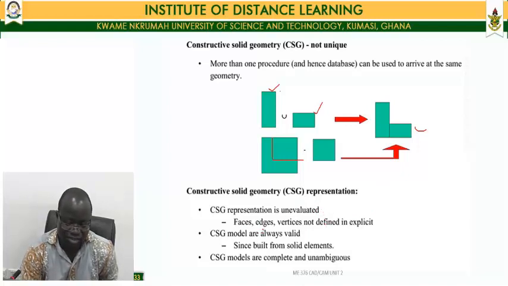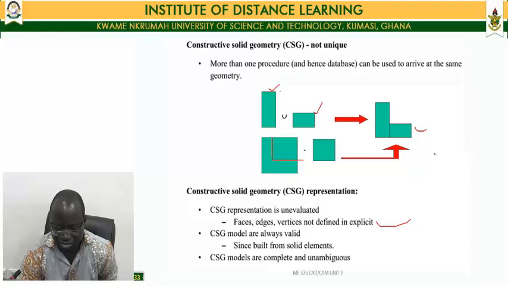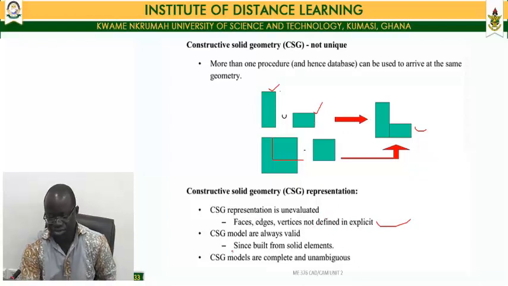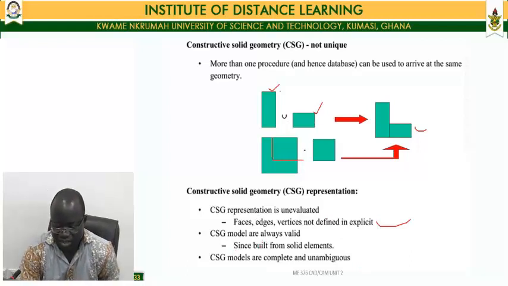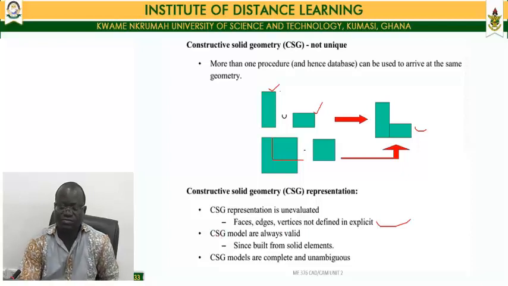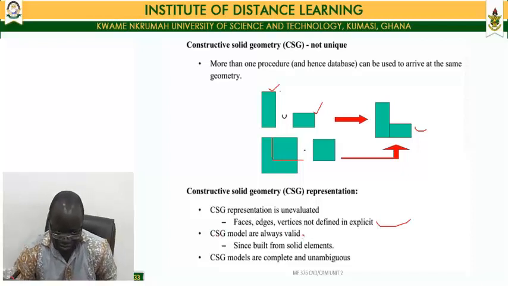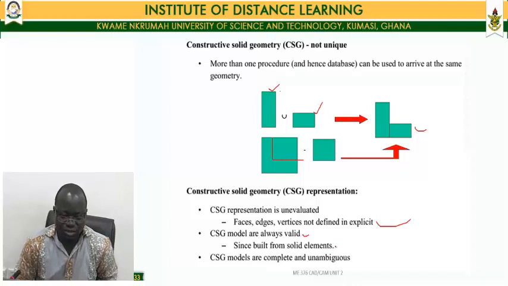The other thing to know is that the CSG models are always valid, since they are built from a valid base, which is a solid element. And they are also complete and they are unambiguous. These are points that we have to know from CSG.